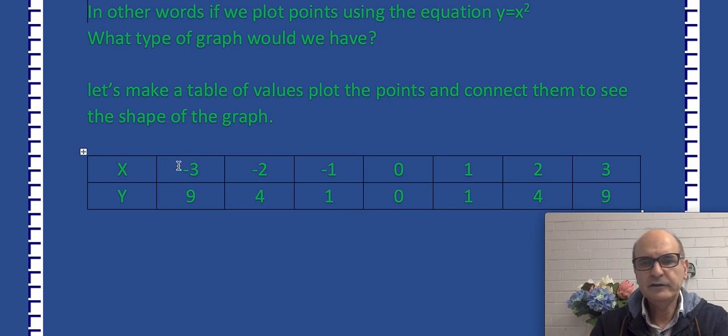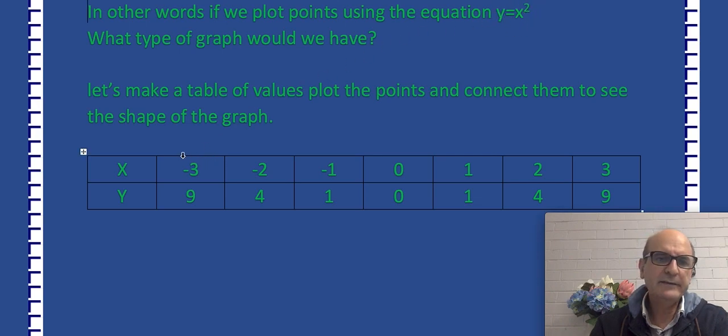The values of x you're choosing is up to you. But then you find the corresponding values for y. Based on this rule, once you've chosen your x and you've got the equation given, the y is not up to you. You got to substitute for x here and find your y.